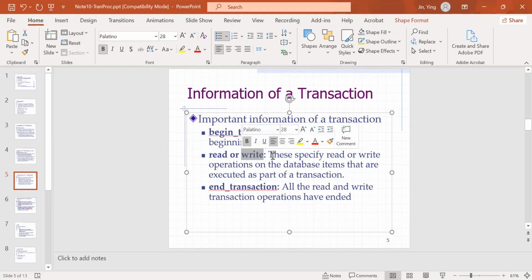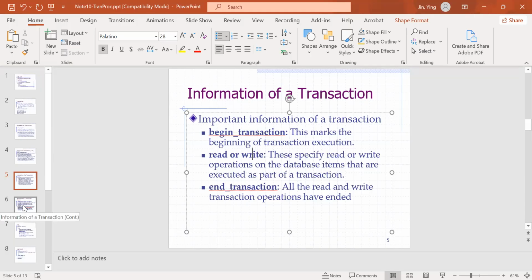It does not mean the write operation of 100 will update the database item on the disk immediately. When the operation actually changes the database item depends on the different logging protocol, and that's something we'll talk about in more detail at the end of today's class.